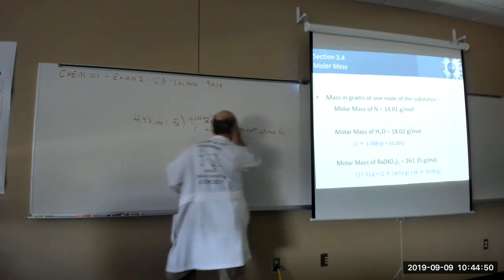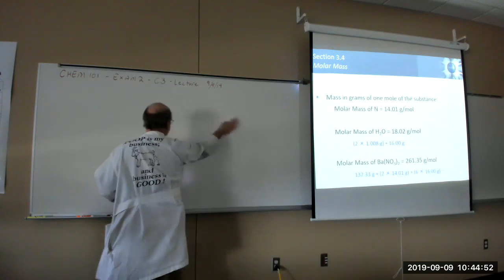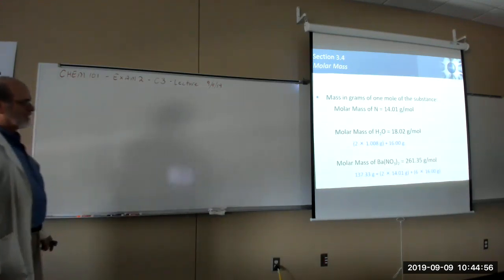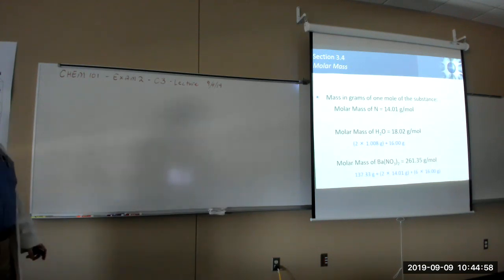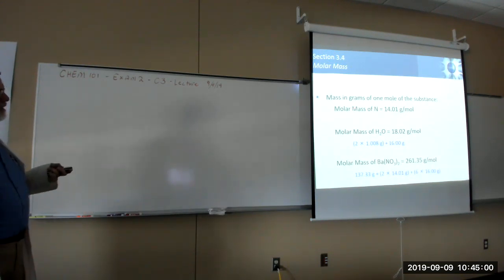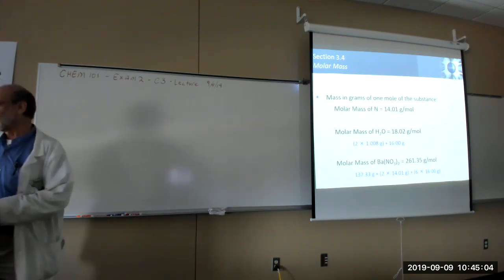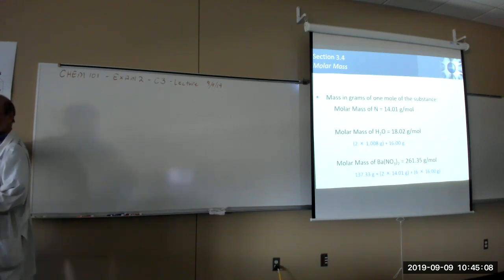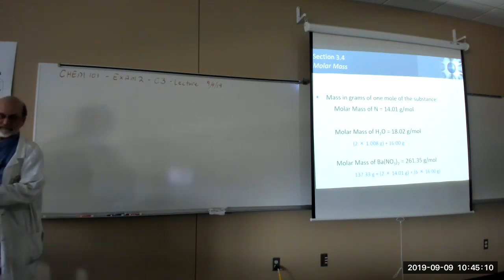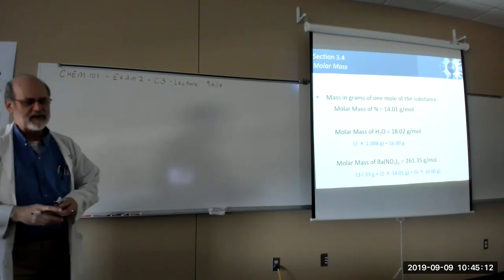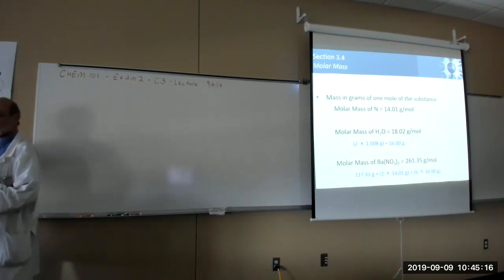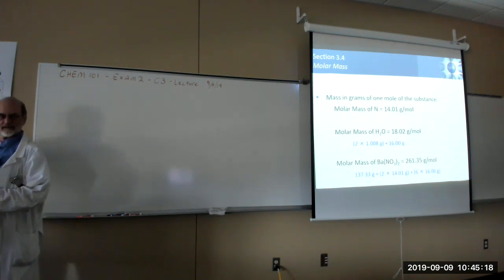Okay, let's try another one. We're given the molar mass. The molar mass is what I said earlier, that many grams per mole. Sometimes I revert. Years ago, instead of calling it molar mass, we called it atomic weight.